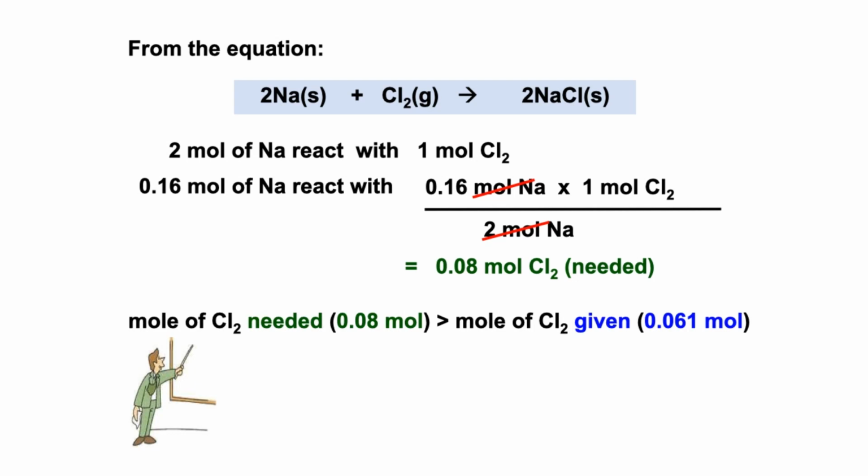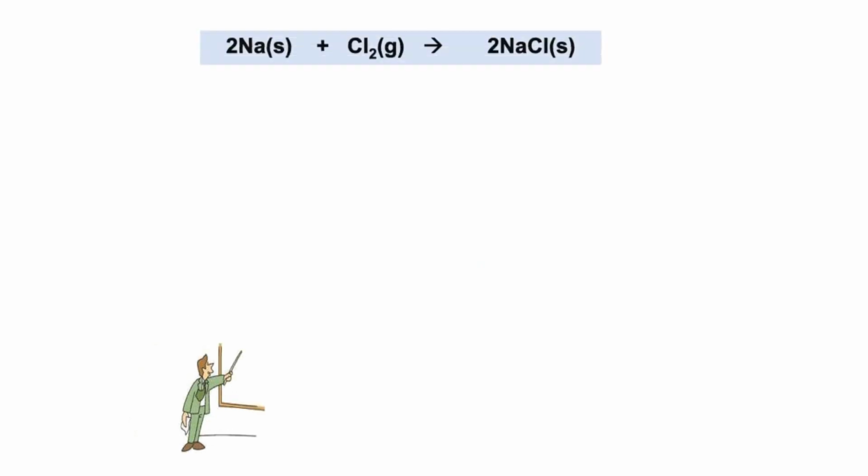So, the mole of the chlorine needed, 0.08 mole, is larger than the mole of the chlorine given, 0.061 mole. And chlorine is the limiting reactant. The limiting reactant will limit the product formed. So from the limiting reactant, you can calculate the mole of the sodium chloride.